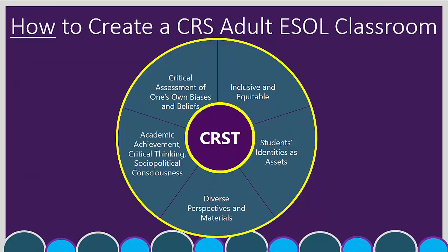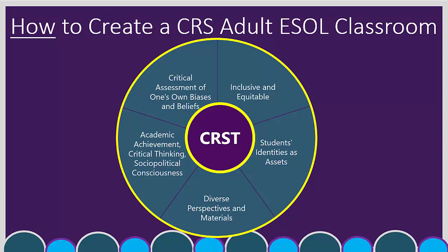CRST is not simply a set of teaching strategies or a sprinkling of cultural references into the classroom. It is an educational philosophy that calls for all of these elements: critical self-awareness, honoring, evaluating, and celebrating the richness of students' diverse backgrounds, identities, strengths, and challenges within an inclusive, equitable learning environment that has high academic achievement as its goal.